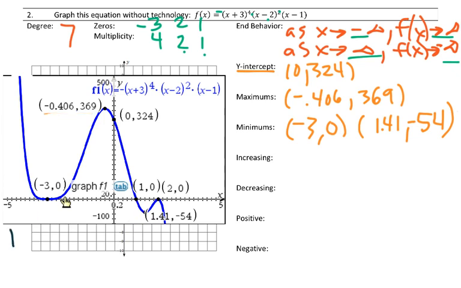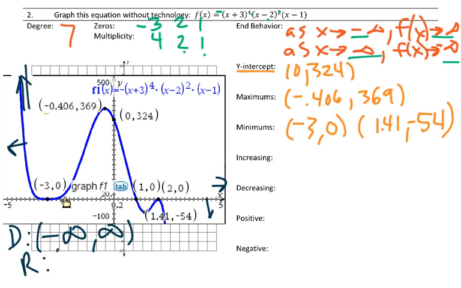Domain and range. Okay, domain would be, as it goes left, it's going to keep going up, but it'll keep going left. As it goes down, it'll keep going right. So negative infinity to positive infinity. For the range, in odd ones, you see this, it keeps going up, keeps going down, so negative infinity to positive infinity for both of those. Okay. Then we've got our positive. So we're positive, positive, positive. Technically we're not when we hit the 0, but we'll just pretend it still is.